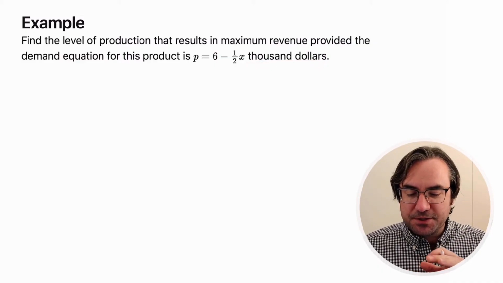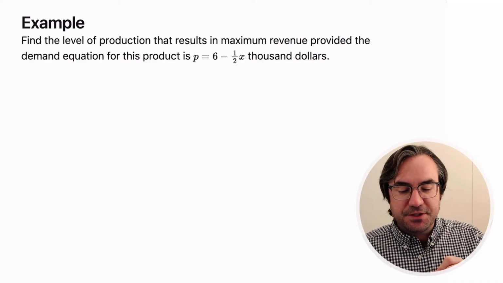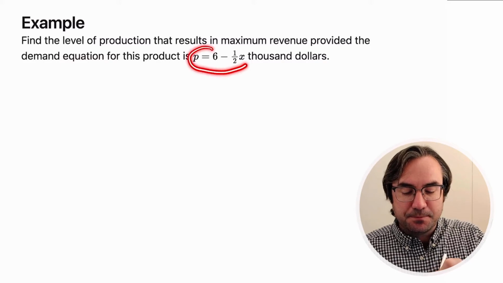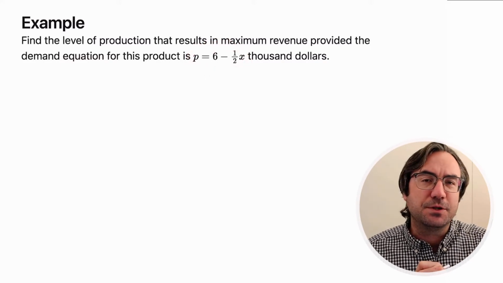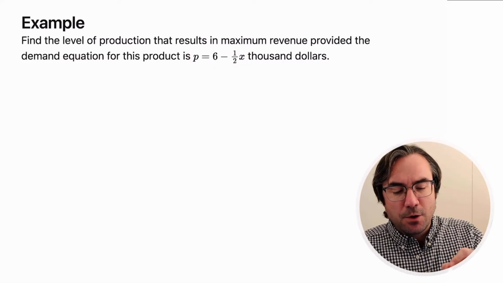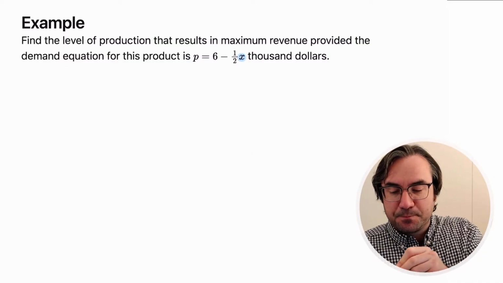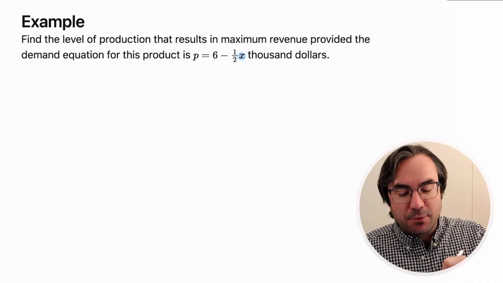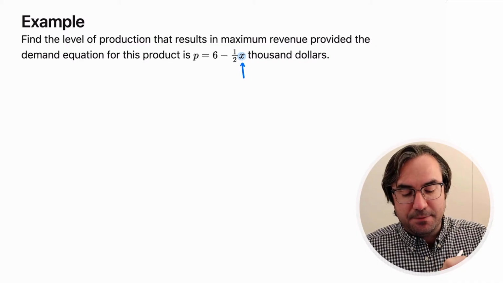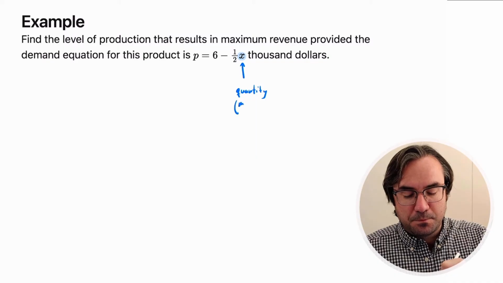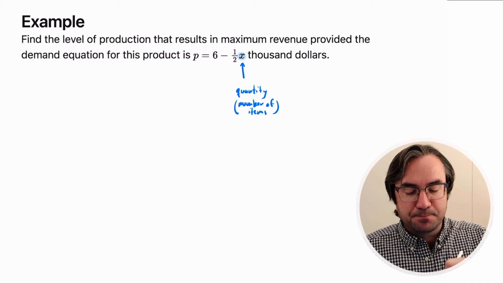All right, so let's just start with this demand equation. First of all, little p equal to 6 minus 1/2 x. What does x represent here? So x represents the number of items, the quantity. So it's the number of items that we're going to be producing and selling.